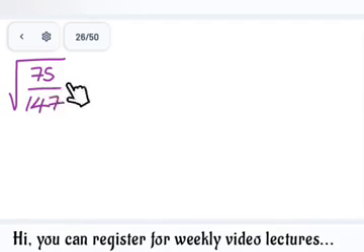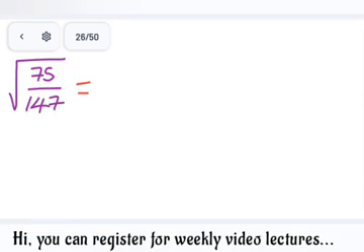So if you understand square root of numbers, then you should be able to solve this question. Okay, so the question here is that we should solve this without using calculator. So solve this, what you have here, square root of 75 over 147. Solve it without using calculator. So how do we go about that?